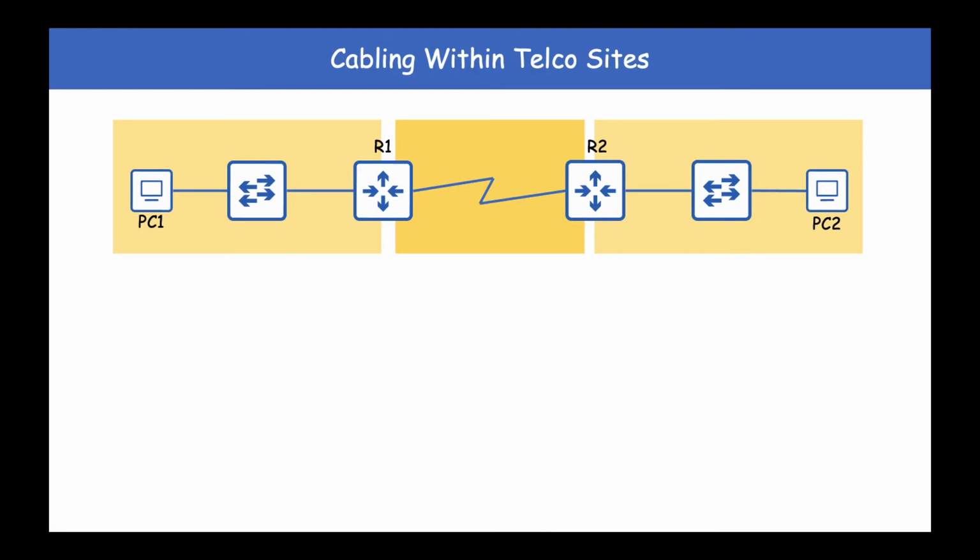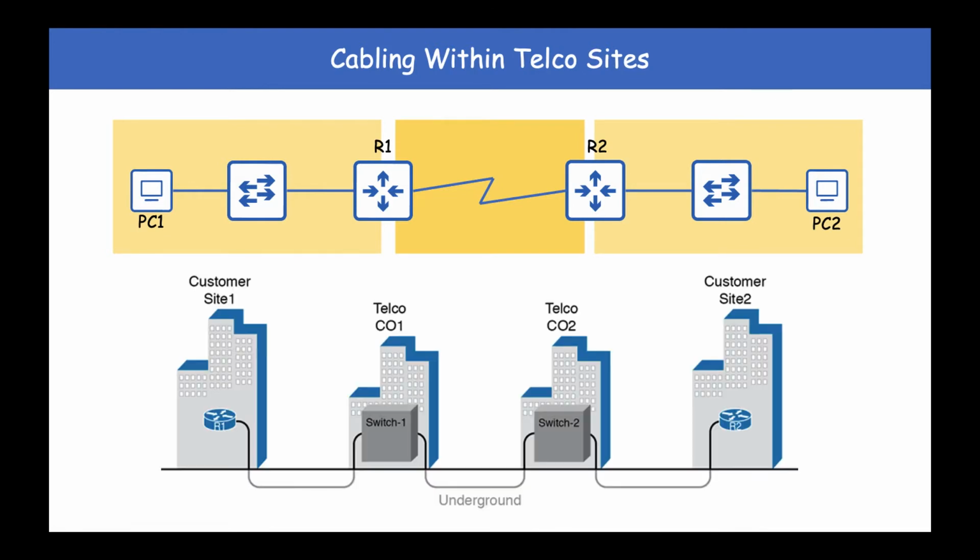That does not mean that they are connected directly, but in a telco environment, they can be connected through multiple hops or multiple pieces of infrastructure that the telecom operator might have deployed to make this link possible. For example, in this scenario, R1 is connected to R2 through a telecom provider wherein there are multiple switches and a lot of underground cabling in between. But for the customer ends, it appears as if a cable has been extended from one point to another point.